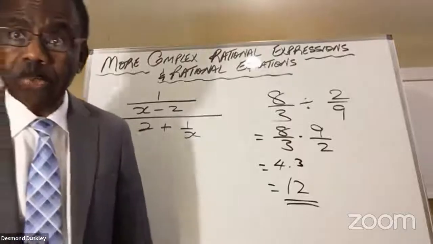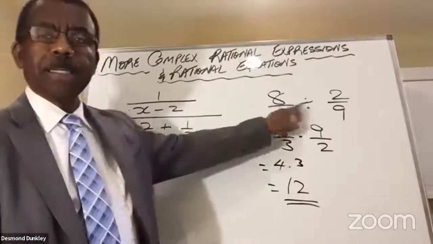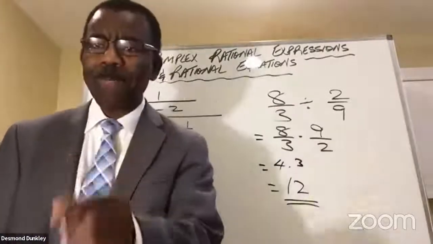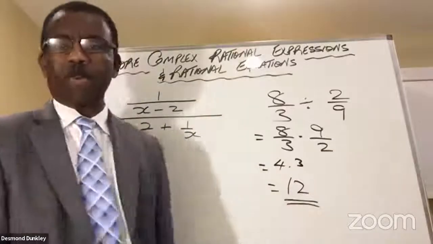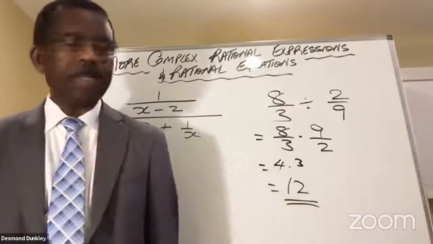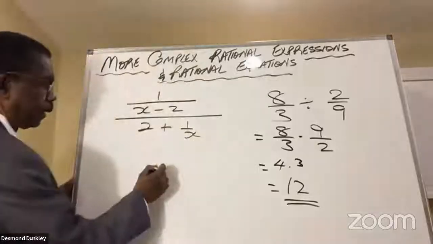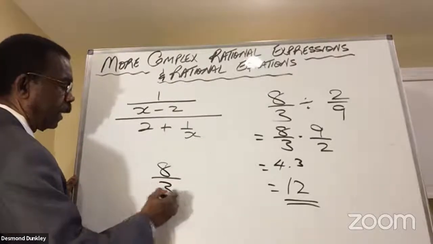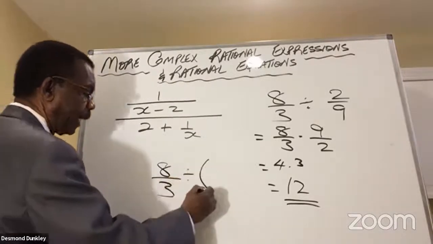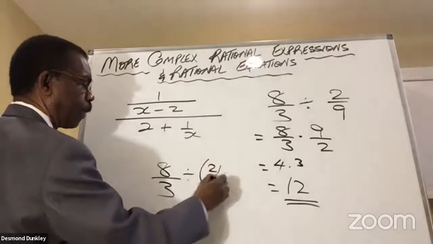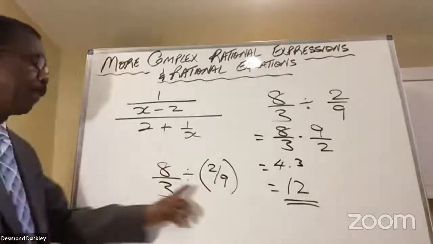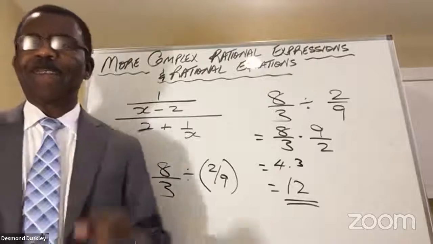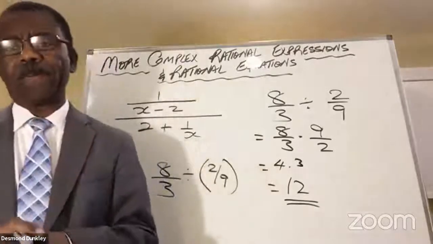I guarantee you, if you were to put this in a calculator properly, you will get 12. What does properly mean? You'd have to put 8 over 3 divided by parentheses 2 over 9. If you don't put the parentheses here, you may not get the right answer.